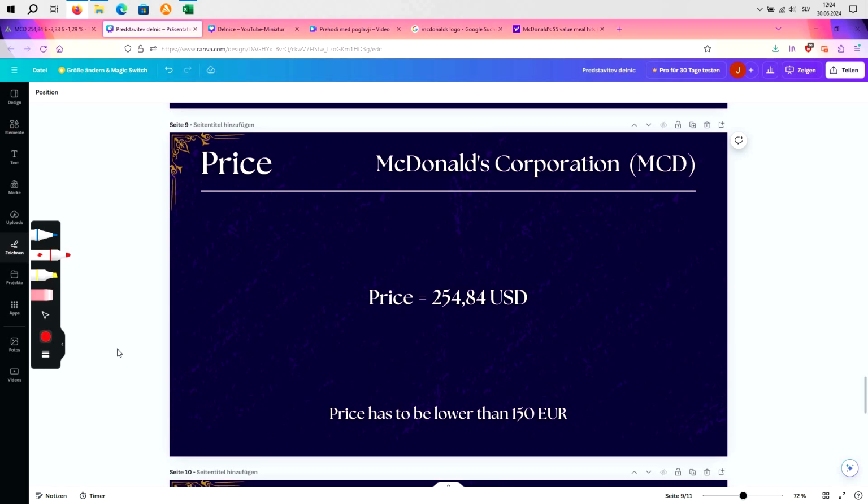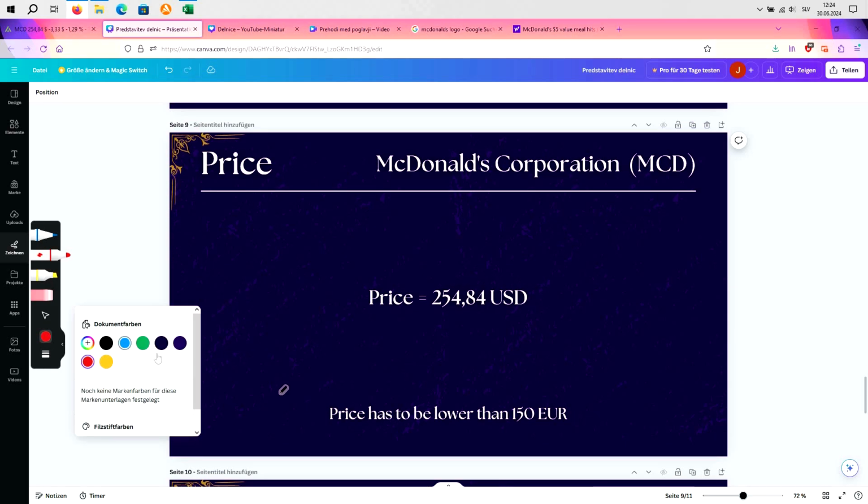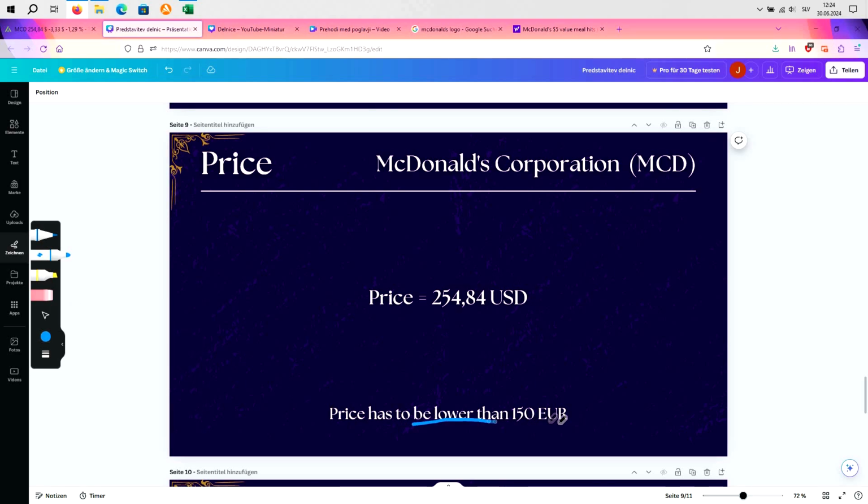And now we come to the price, and for price, the instruction tells us that price has to be lower than 150 euros or dollars in this case, okay? Because this is a number that I came up with myself. So $150 is currently the border between an overpriced or underpriced stock. In my personal case, I wouldn't pay for a stock more than 150 euros because then I don't get any profit from it whatsoever, okay?